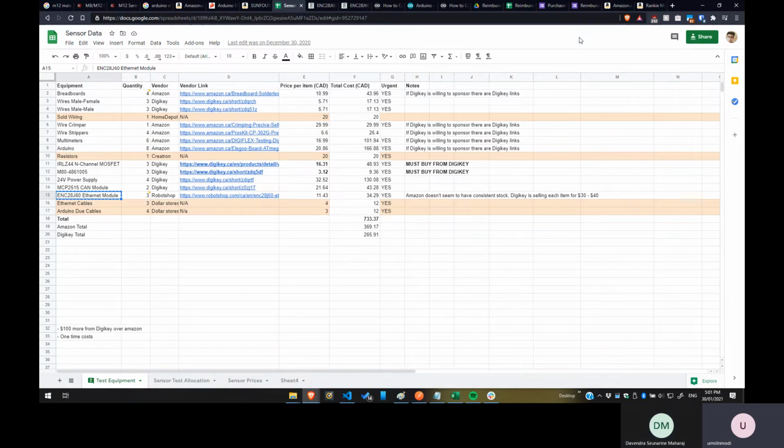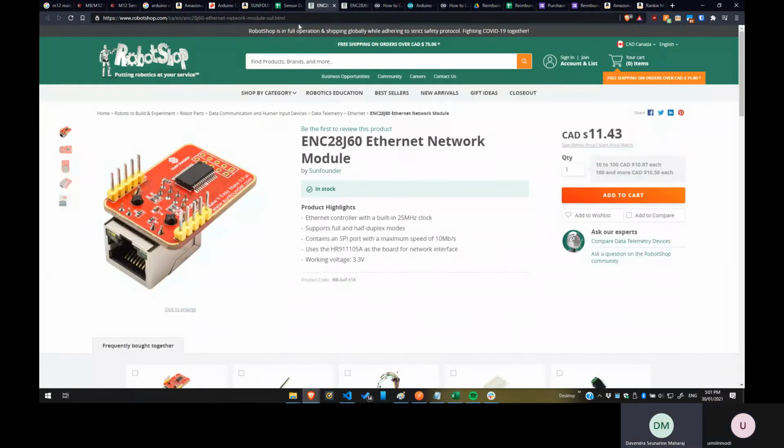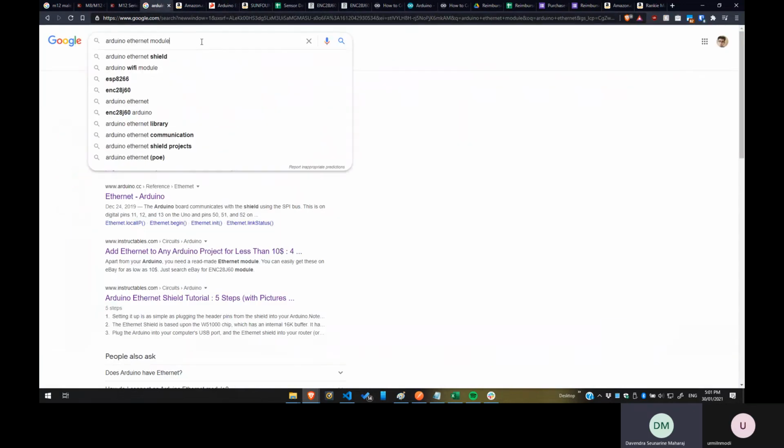It's just about, can you use the same one? Because if you use the same, then it's easier for us to build PCBs because you can use the same schematic. It's easier for debugging too because you have backups. You can change them now and stuff like that, and the same code works. As long as it connects to the Arduino and we can plug an Ethernet cable to it and to somewhere else, we're good.